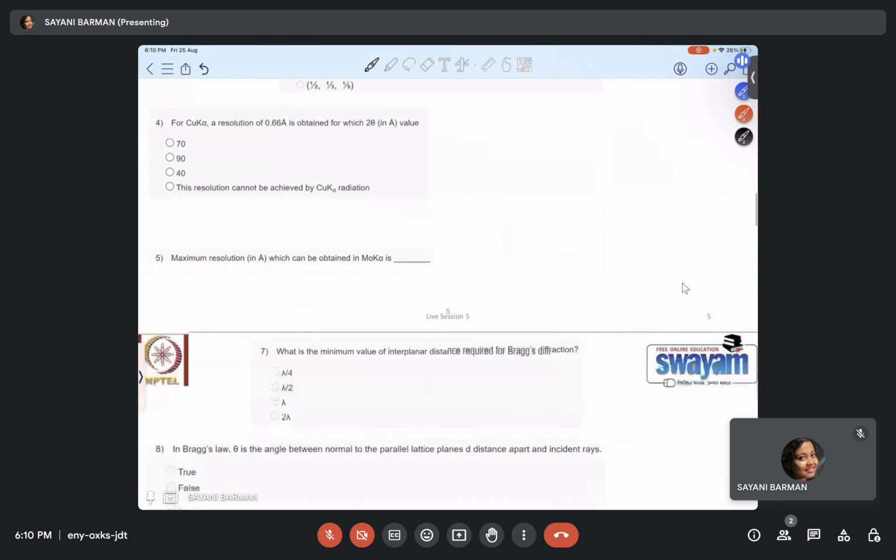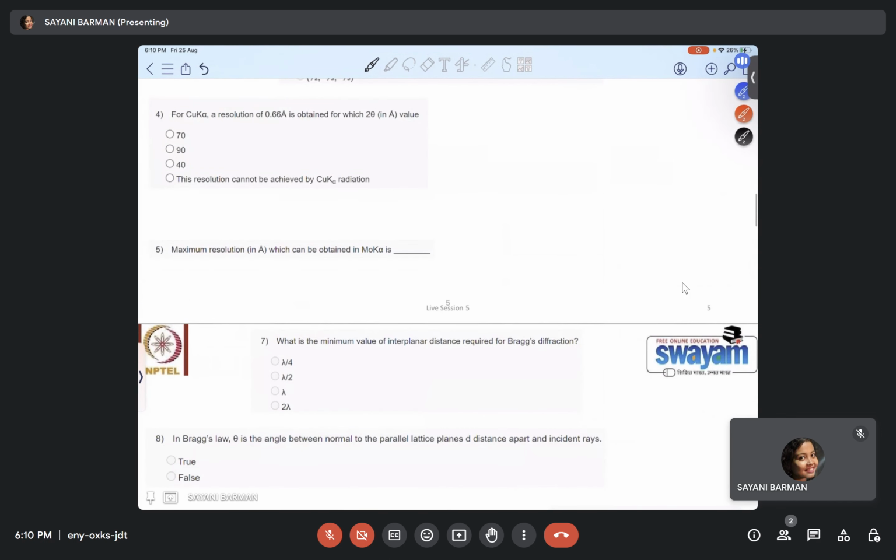So the next one is, for copper K alpha, a resolution of 0.6 Armstrong is obtained for which 2 theta value. Okay. So applying Bragg's law, lambda equals 2 DHKL sine theta. Now for maximum, we consider n as 1, then we need to determine the 2 theta value.